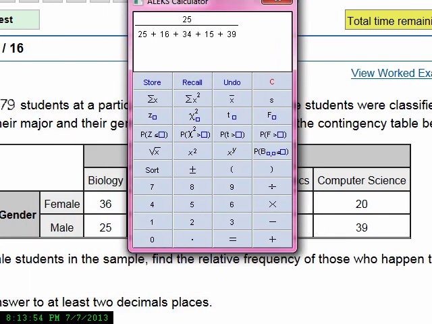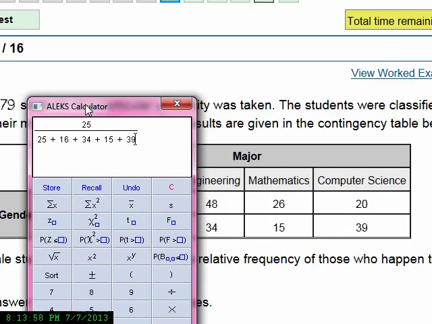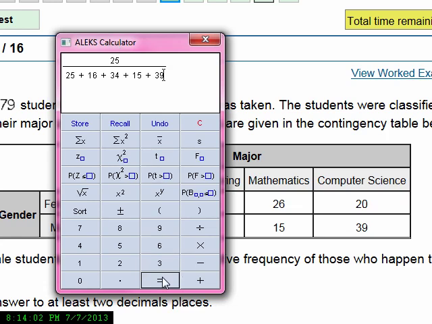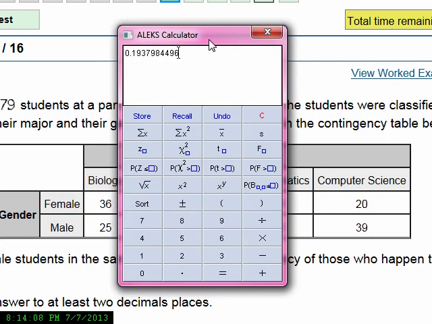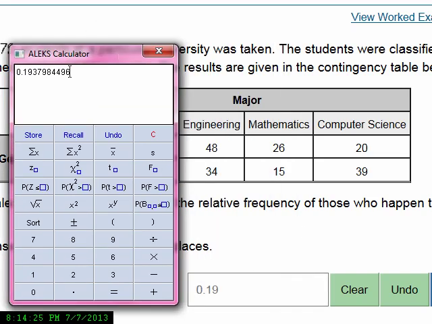Those are the values for all the males: 25, 16, 34, 15, and 39. And that'll give us the relative frequency of the biology majors for the males. So it's 0.193, and they say round your answer to 2 decimal places, so 0.19. And so we plug in the value 0.19.